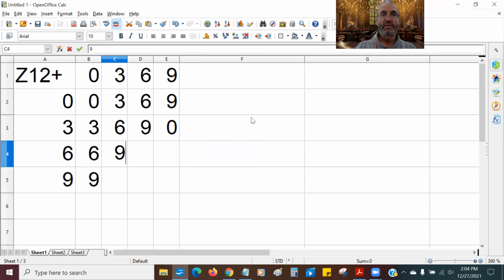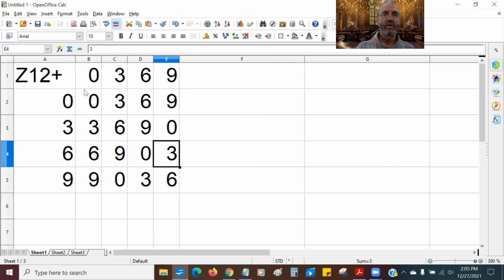Now, 6 plus 6 is 12, which is 0, and 6 plus 9 is 15, which is 3. And 9 plus 9 is 18, which is the same thing as 6.